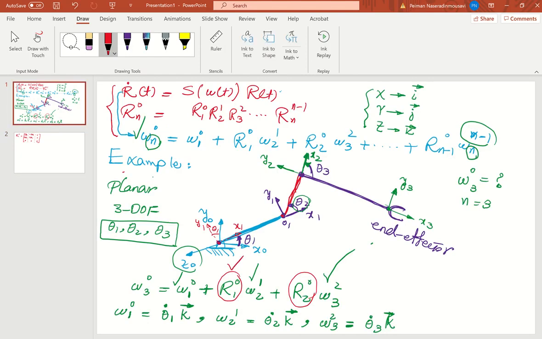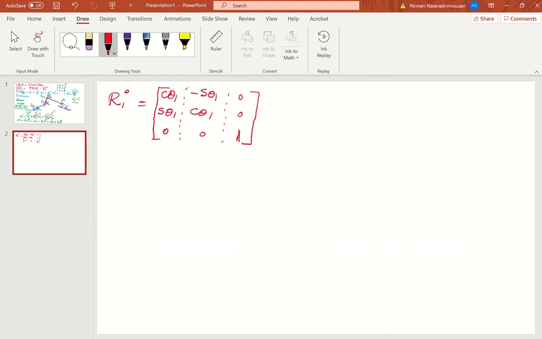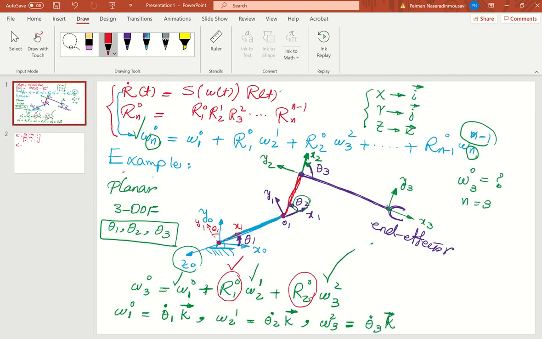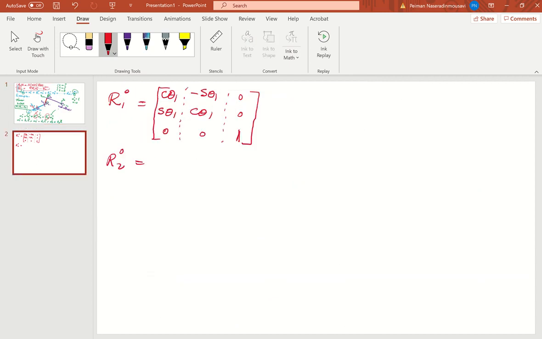So now we got this. Now R2 with respect to frame 0. As I taught you just today, or refresh your mind, you can calculate from here. It is R1 with respect to 0 times R2 with respect to 1.